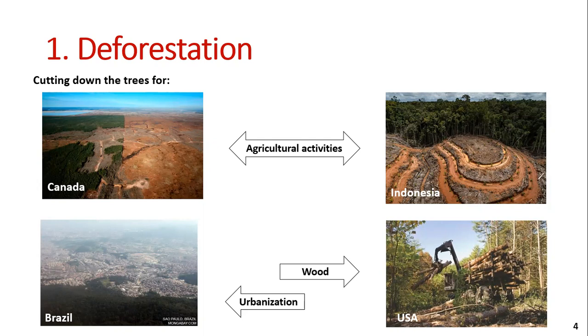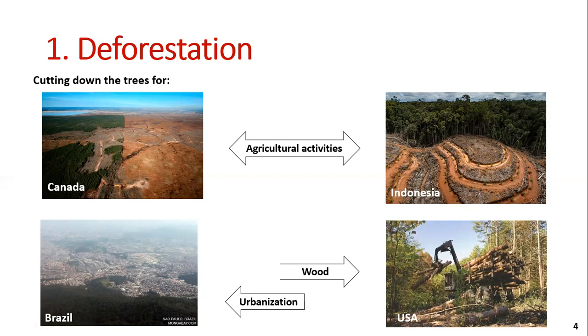Desertification can be caused by deforestation, which is basically cutting down trees for different uses. In some countries, the trees are cut for agricultural activities, like what happens in Canada and Indonesia, as you can see from these pictures. Deforestation can also happen when trees are cut for wood production or expansion for urban life.